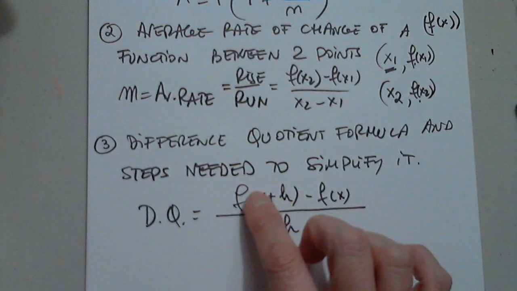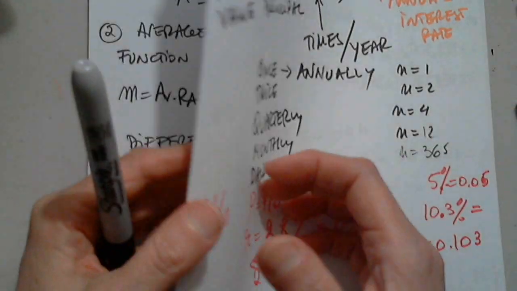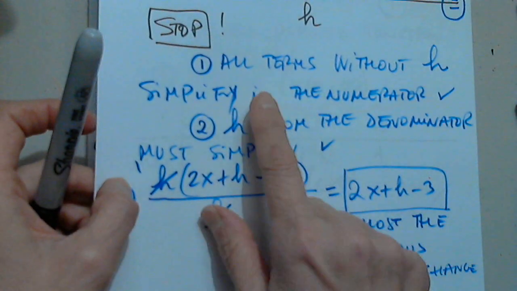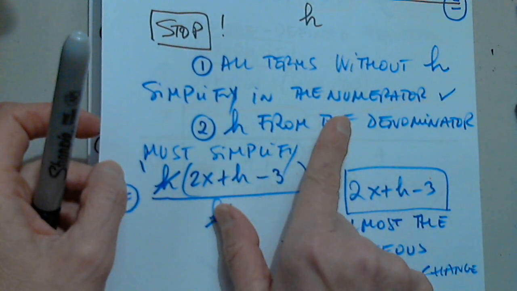All terms from the top that do not have h must simplify. And then step 2. Would it be factor h? Yes. Simplify h. All terms without h must simplify in the numerator.